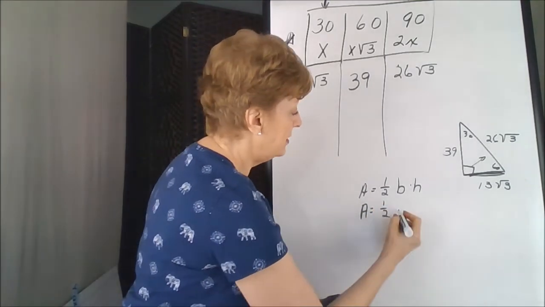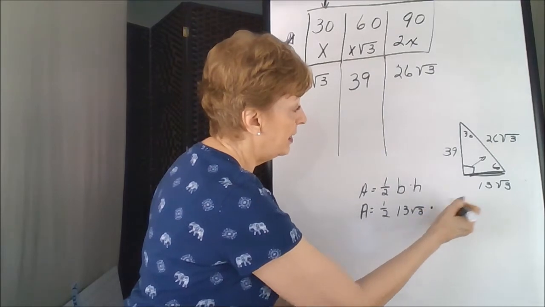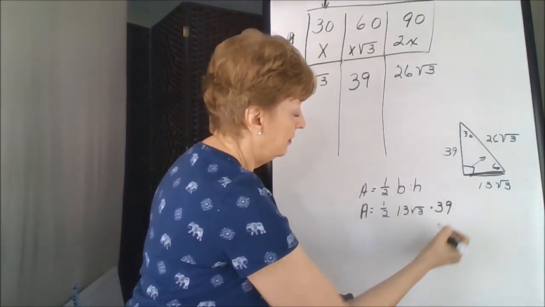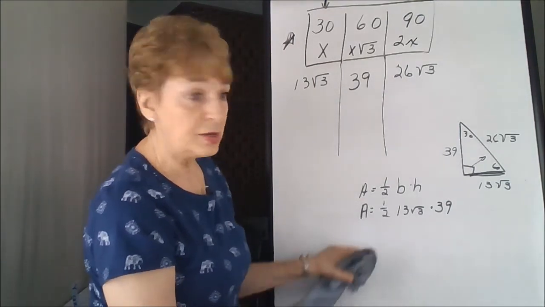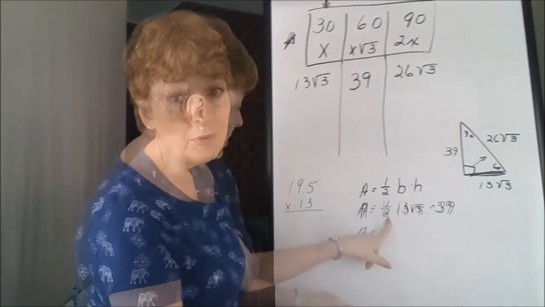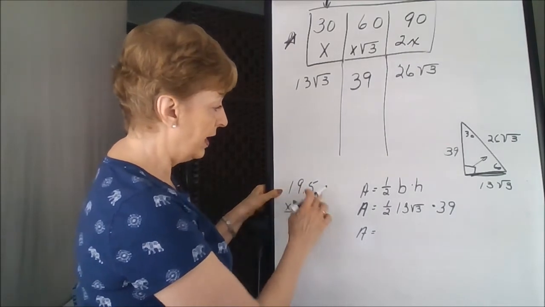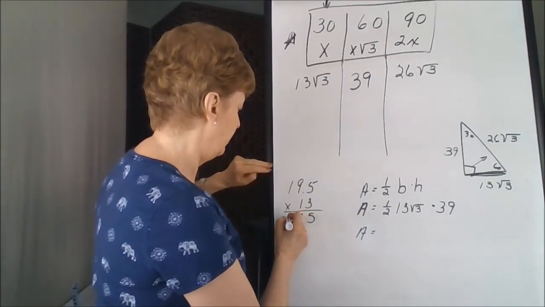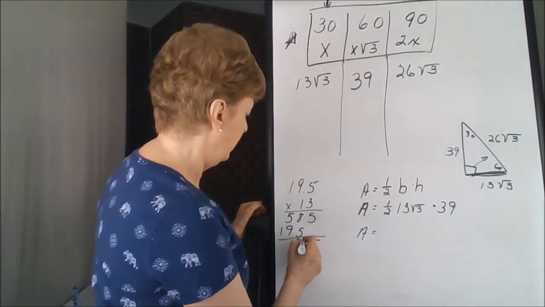The base is 13 radical 3 times the height, which is 39. So you can see how these values then plug into the calculation. Here we have 1/2 of 39 is 19.5 times 13.